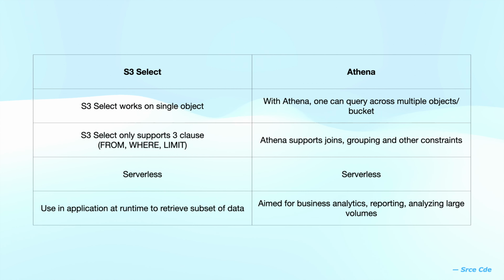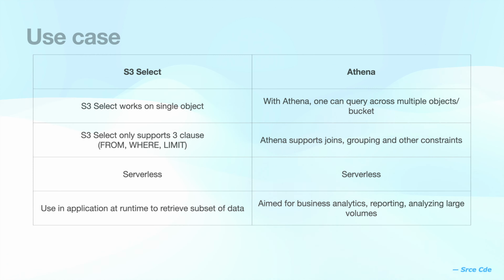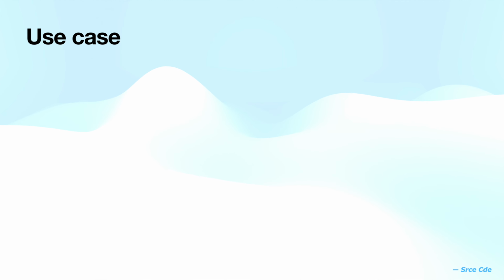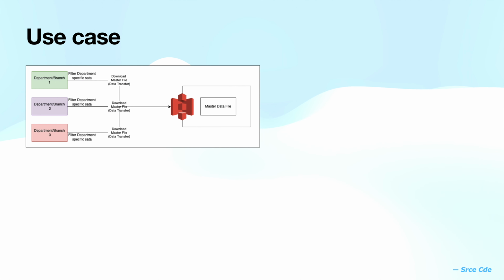Now, if we talk about the use cases for which we can leverage S3 Select, there are multiple use cases, but here we will look at a very simple scenario for simplicity. For example, let's consider there are multiple departments or branches, and there is a master file that contains the data for all the departments or branches, located in the S3 bucket.